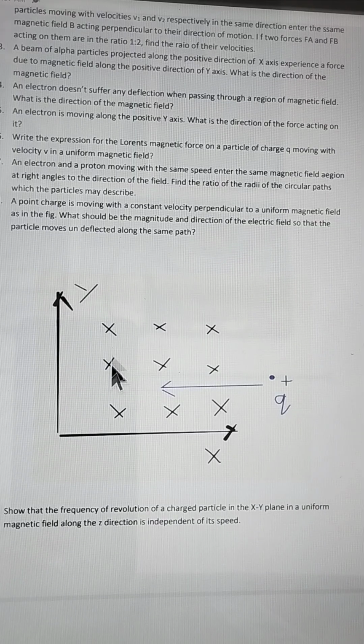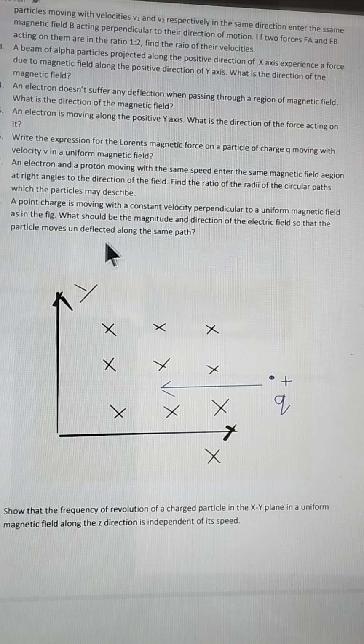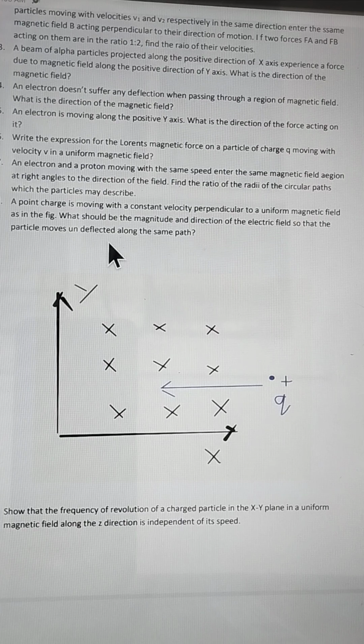As shown in the figure, a charge is moving with a constant velocity perpendicular to a uniform magnetic field. What should be the magnitude and direction of the electric field so that the particle moves undeflected through the same path?